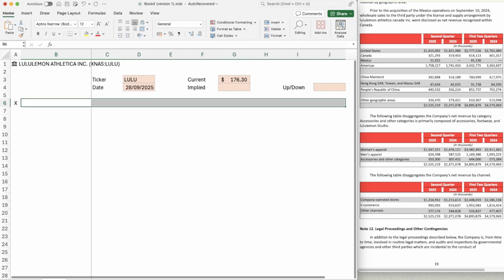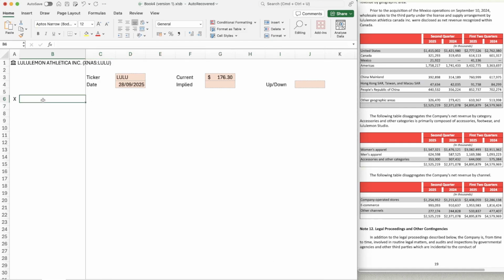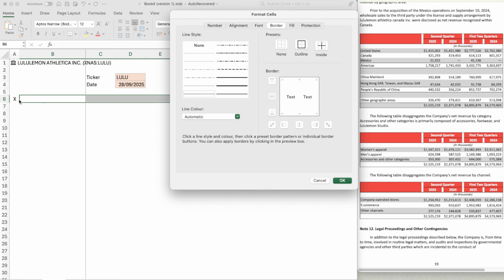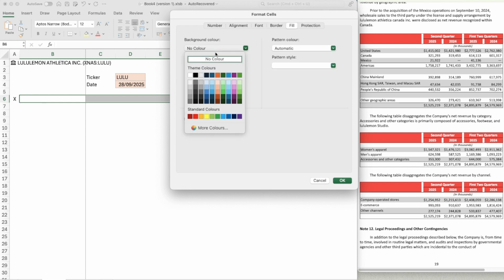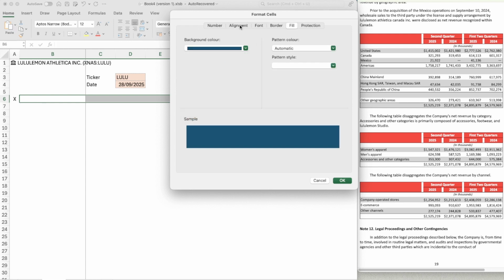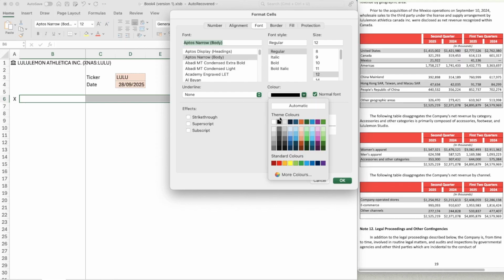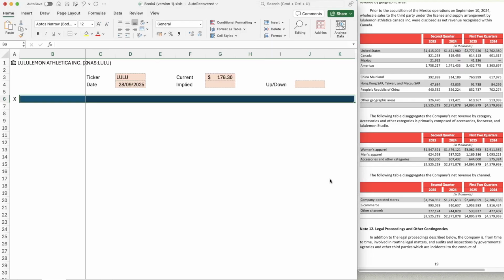I'll zoom out a little bit because we want to probably get to about K. You just fill this, then we want the font to be white. And these are assumptions. Segment, call it revenue segment.